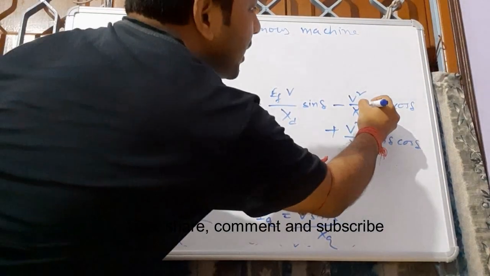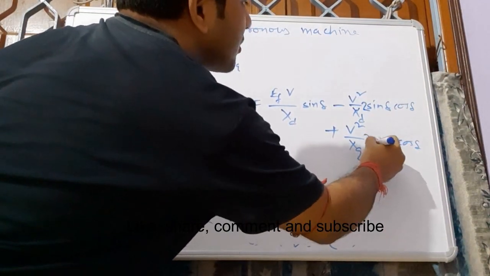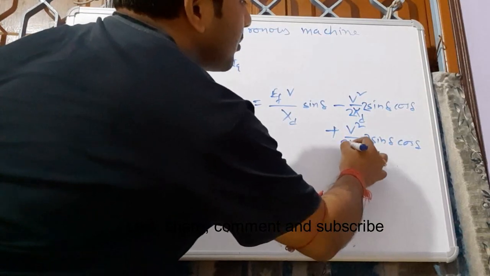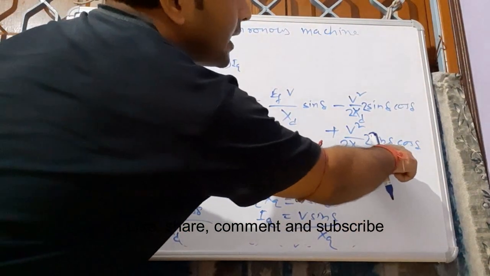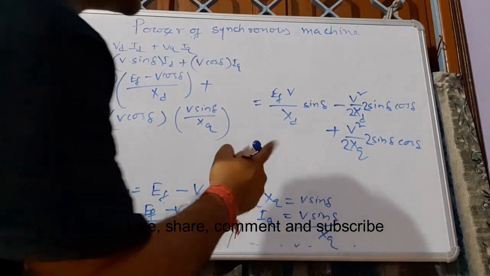Now I am multiplying these two and dividing by 2. What will be this? 2 sin delta cos delta means sin 2 delta.